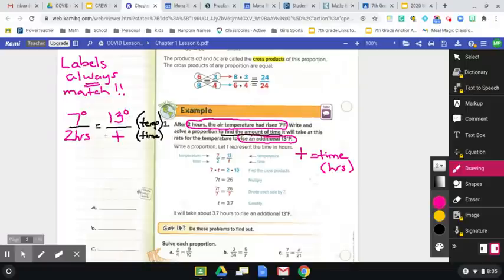And so that means I'm going to cross multiply in both directions to help me solve for that missing time right there. So I'm using lots of colors. Let's use blue. So I'm going to cross multiply here. And this is going to be 7 times t, 7t.